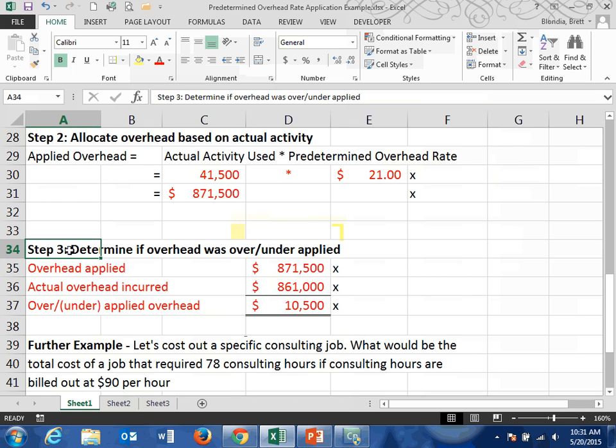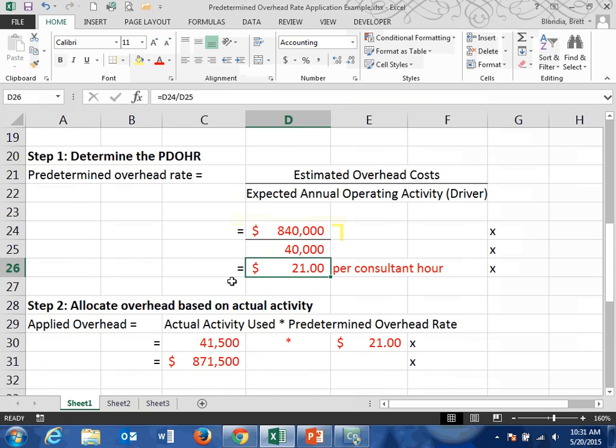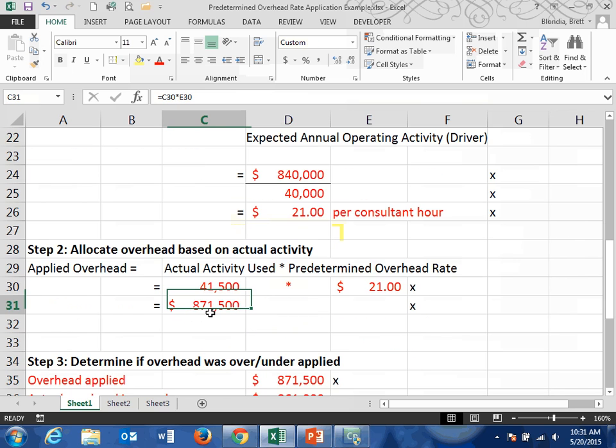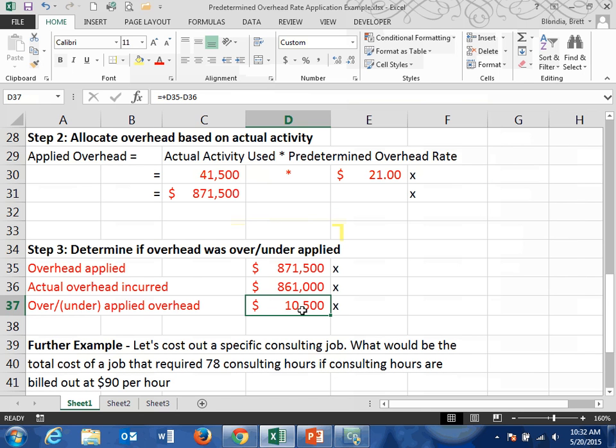What we just did was look at this on the scope of an entire year. Step 1 at the beginning of the year was to come up with the rate. Over the year, you allocate costs to all your jobs, a total of $871K. At the end of the year, you decide whether you were over or under applied, and you close it out to cost of goods sold.